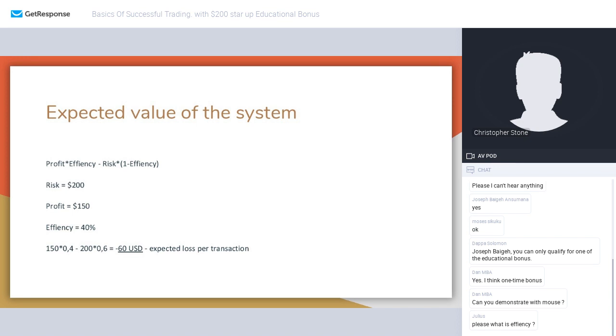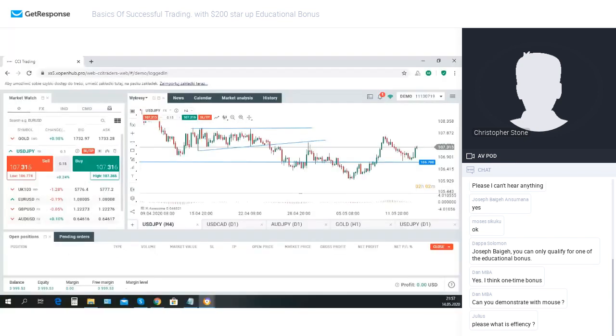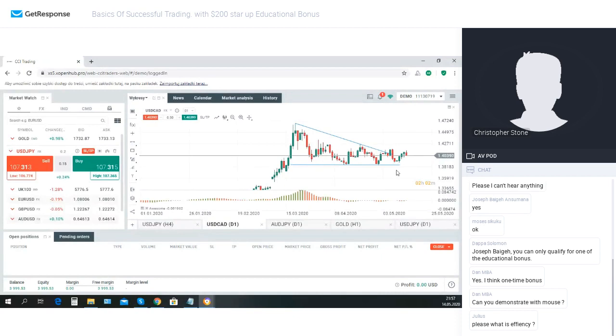Okay, so let's go back to our example. This is US dollar JPY. But for example, the same thing: there was a breakout on the US dollar to Canadian dollar, and our strategy says, okay, now we have to buy.